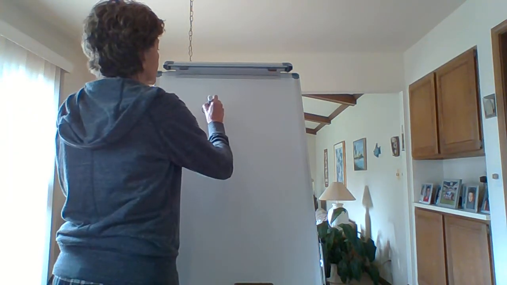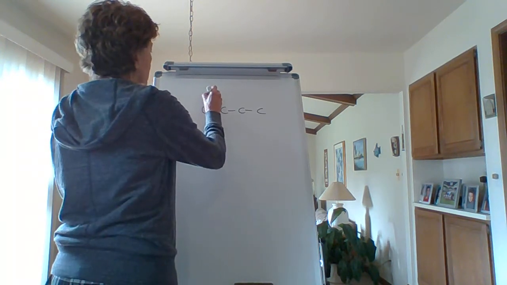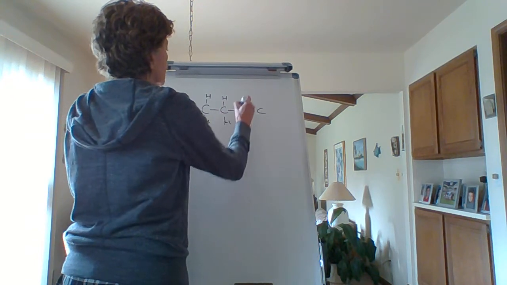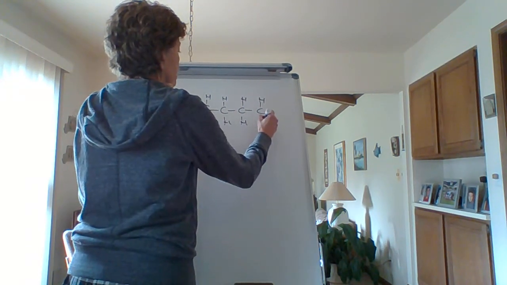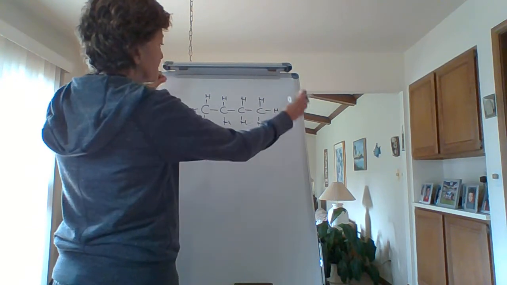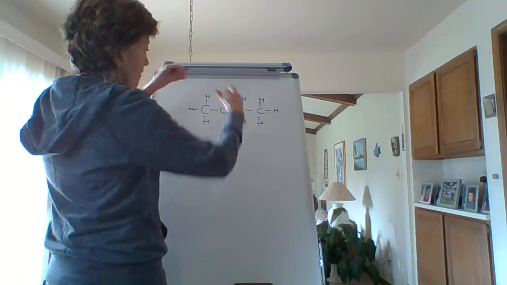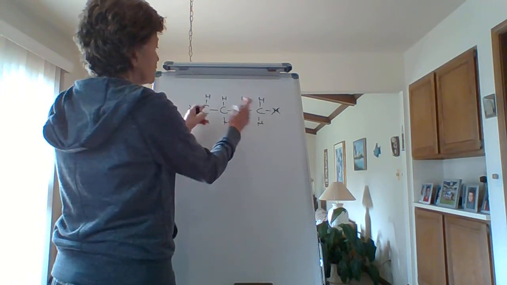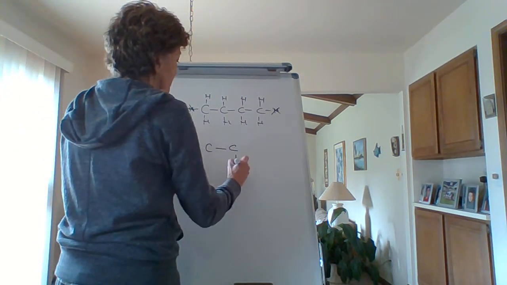Butane is 4 carbons, and butane has 10 hydrogens. All right, so I'm going to take this butane and turn it into a square. So I'm going to get rid of this hydrogen and this hydrogen. Have these 2 carbons connect to each other. And that's what it's going to look like.